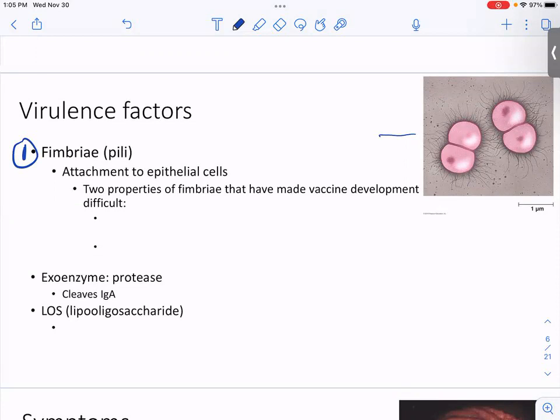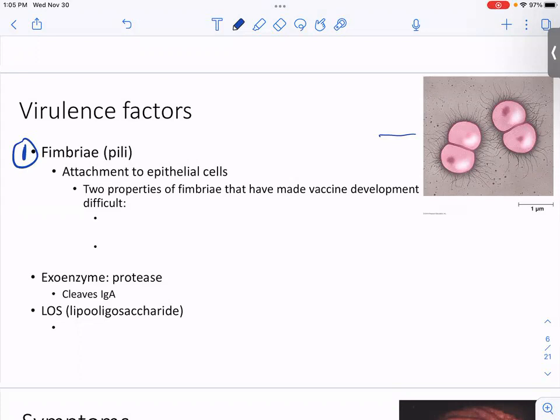Remember, way back when we talked about structures of bacteria, usually those short appendages are important for attachment. When a cell has a whole bunch of them around the outside, we call them fimbriae. But sometimes we call them pili, more often if the cell only has a couple, and usually if it's used as a means of conjugation for horizontal gene transfer.